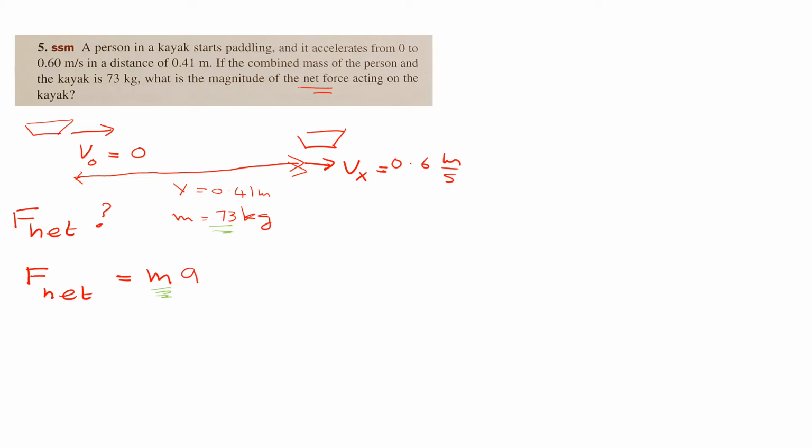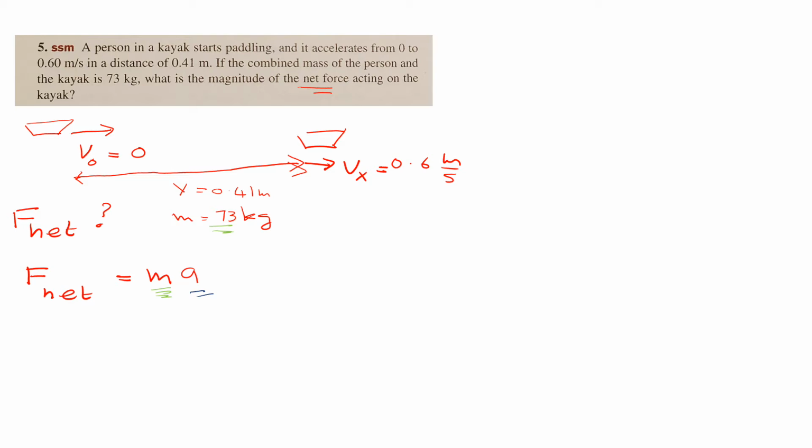How about acceleration? No, we don't have acceleration, but we can calculate it based on the initial speed, final speed, and the distance it traveled. How are we going to calculate the acceleration? We can use one of those equations we learned.